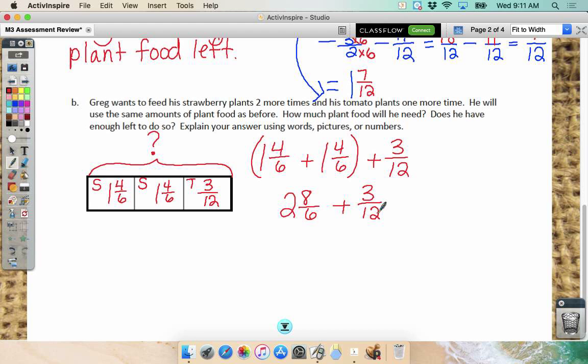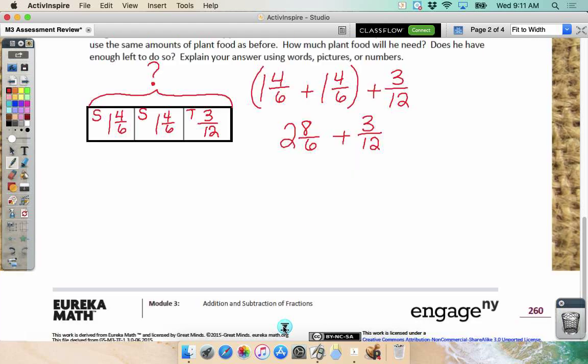Right? Okay. So now what should I do? Hey guys, I'm going to move that over so we have enough room. So I'm going to put it over here. 2 and 8/6. Go ahead and move it with me. Plus 3/12.